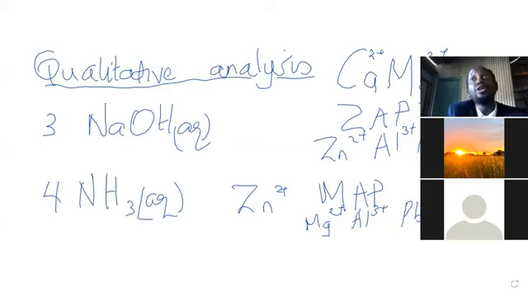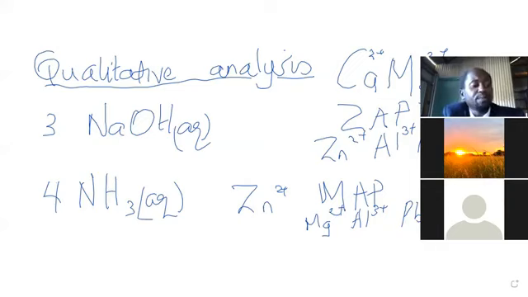Do not also record no precipitate. Again, no precipitate is awarded half of the marks because you are supposed to say you expected it white. So no white precipitate. The inference would be zinc and MAP absent. That is 4 of them, zinc and MAP: magnesium, aluminium, lead 2.